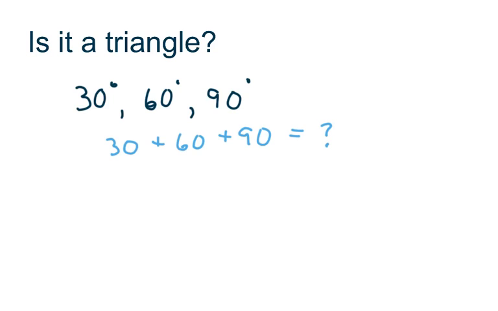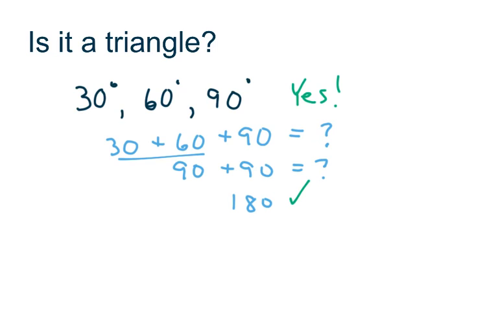Using a calculator to double check this would be a really good idea, because you would find out that first 30 plus 60 is 90, and then 90 plus the other 90, where does that get us? 90 plus 90 really is 180, and that's exactly where we would hope to get if it's supposed to be a triangle. So for this first one, after you finished all this, you could say, yes, this is a triangle. Okay, so if you had a figure with a 30 degree, a 60 degree, and a 90 degree angle, yep, we've definitely got a triangle.